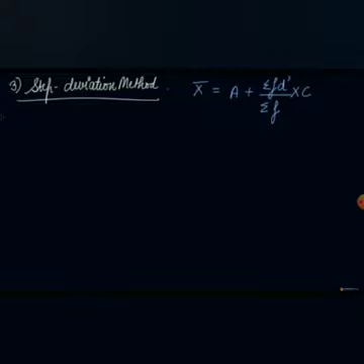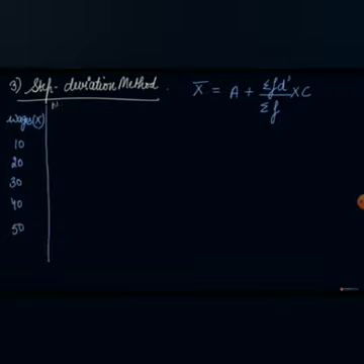Let's take again the same example, that is the wages, your variable x: 10, 20, 30, 40 and 50. The number of workers were 4, 5, 3, 2 and 5, right?